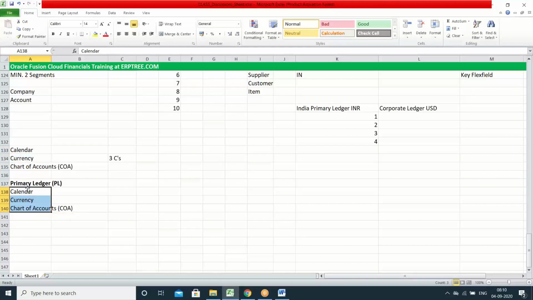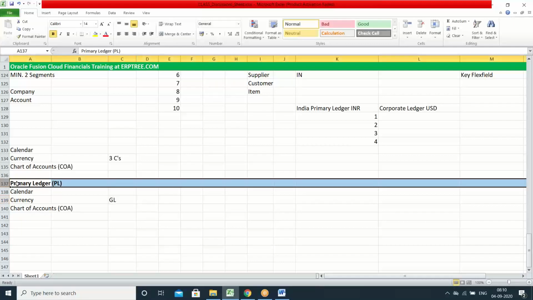If you create the primary ledger by selecting calendar, currency, chart of accounts, you can create the transactions only in the general ledger application, only in the GL.